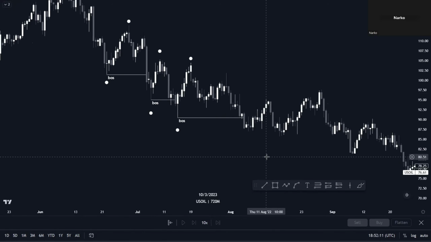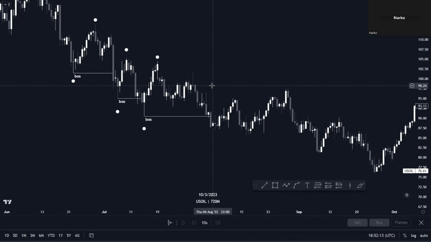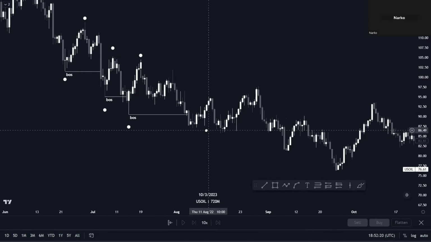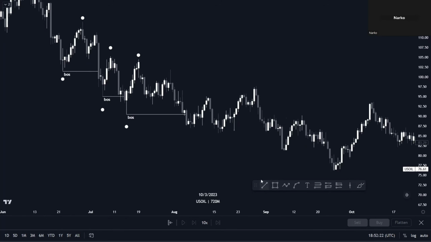Okay, and price here, as you can see, created this internal structure. Price created this here, broke our previous lower low, and violated it, pushed to the upside, and then created this lower high here.